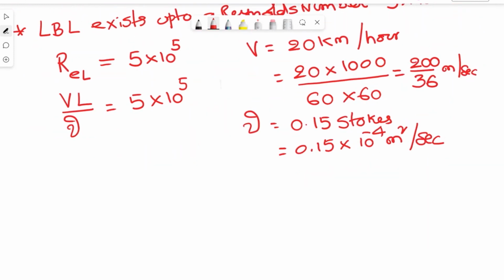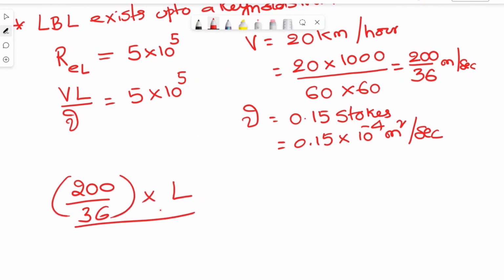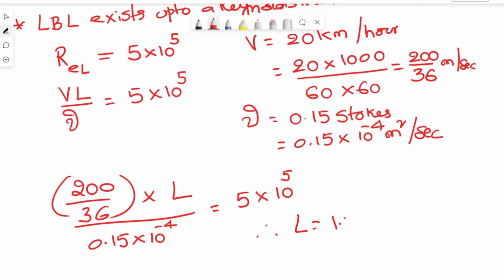Substituting, 200 by 36 into L, which is unknown, divided by 0.15 into 10 to the power of minus 4, is equal to 5 into 10 to the power of 5. Therefore L is equal to 1.35 meters. So that is the solution.